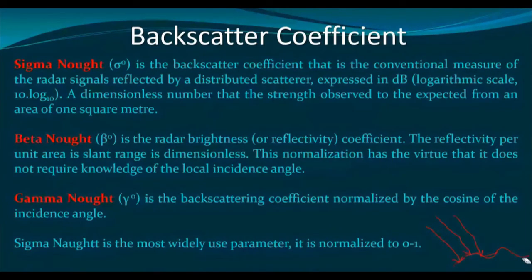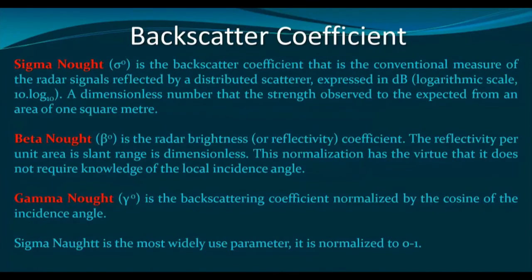So sigma naught is also local incidence angle corrected data. Sigma naught is corrected for the local incidence angle and is thus in the realm of ground range. So that is again another important thing, that we are getting the data in ground range.